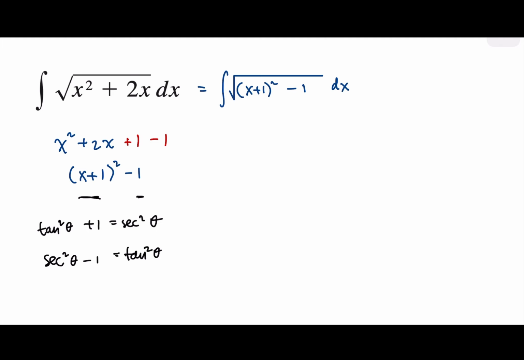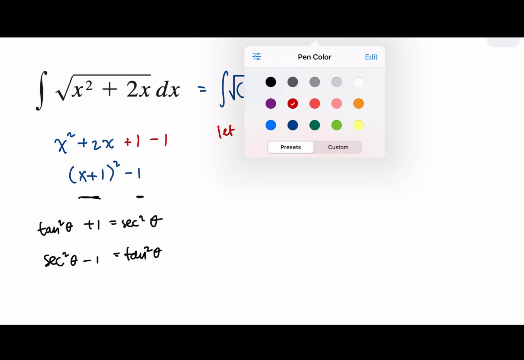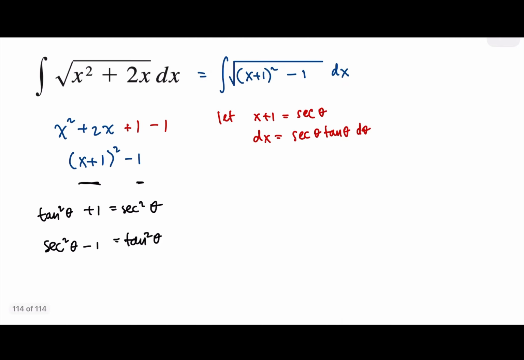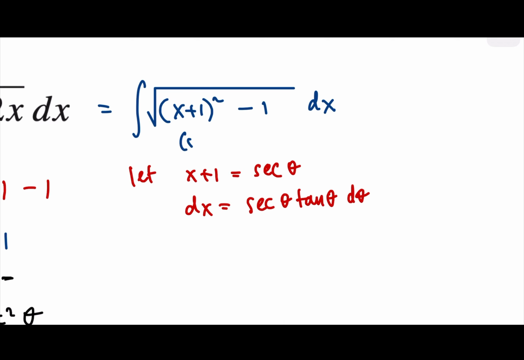Now let our x plus 1 become a secant. Now we can have dx is secant theta tangent theta d theta. Now if we compute this, secant squared theta minus 1 will be tangent squared theta, or it will be a tangent theta.